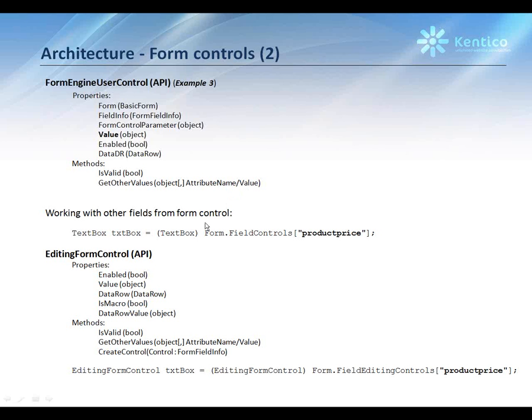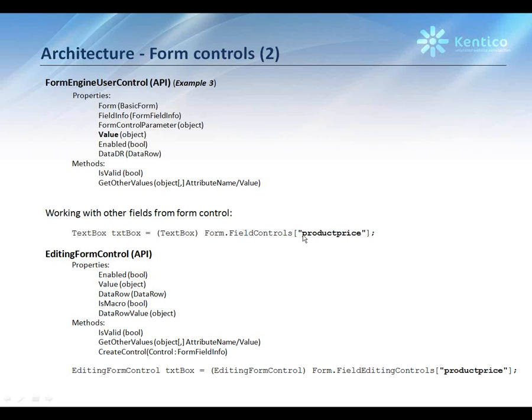How do you access any other form controls and form control values from within your custom form control? You need to access the basic form. In this case, it's the property Form, and you can access the FieldControls hash table. According to the name of the field, you can get any of the fields that are rendered already for the form.